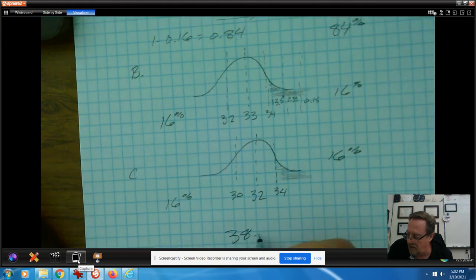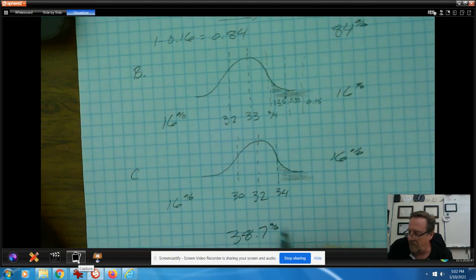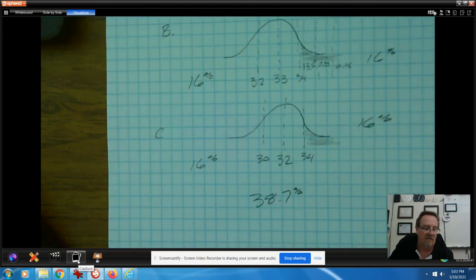So they're saying that about 38.7% of their cars get 34 miles per gallon or better. Does that seem accurate? What do you think?